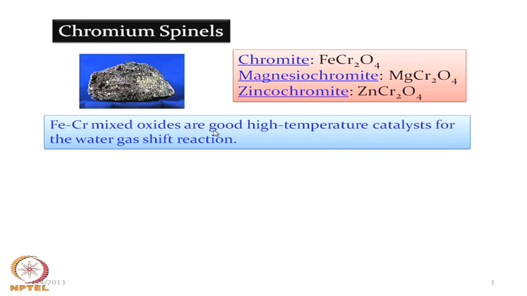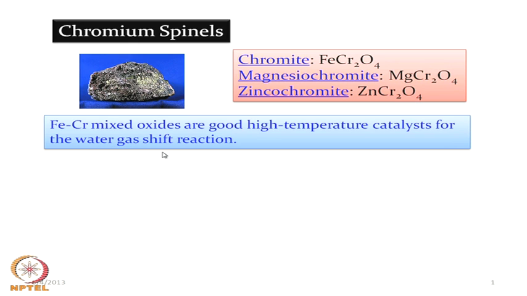One such important example is the use of chromite for the water gas shift reaction, where carbon monoxide reacts with water vapor to give us carbon dioxide and hydrogen, the mixture of which is basically known as water gas.